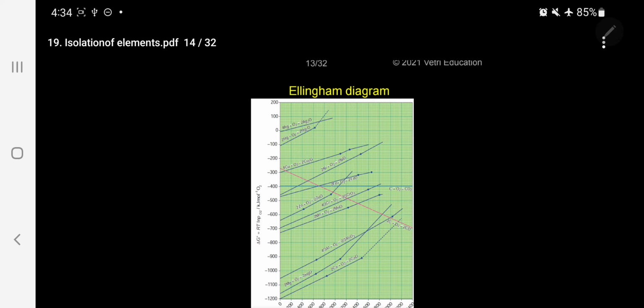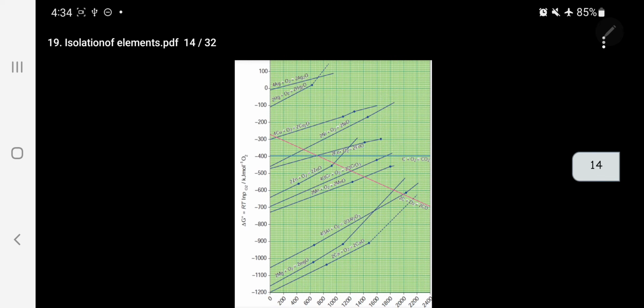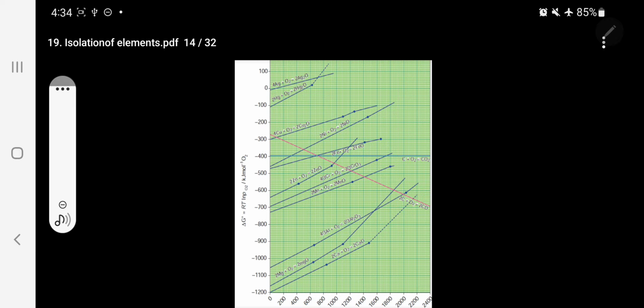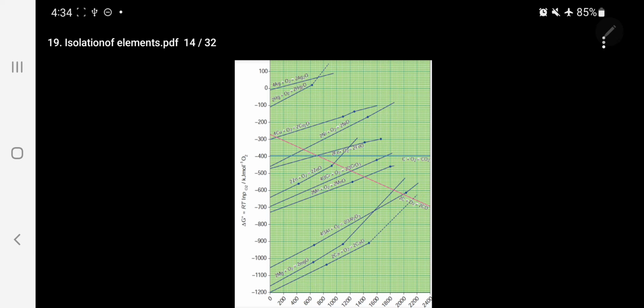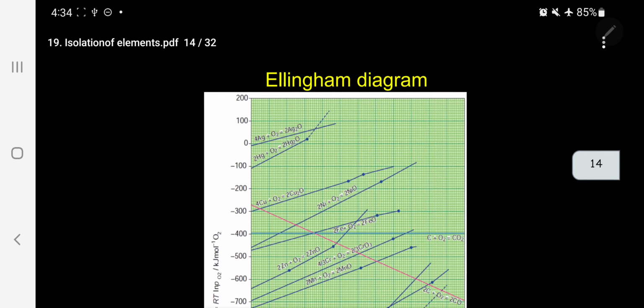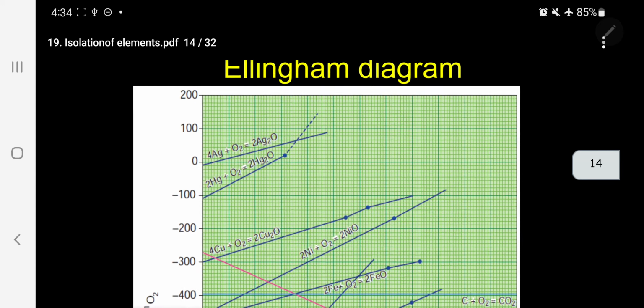Kindly follow. Just see in the Ellingham diagram.